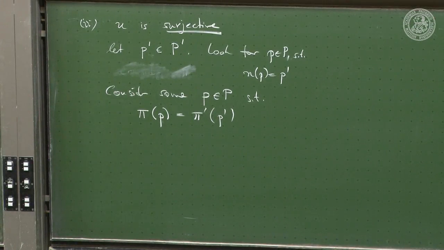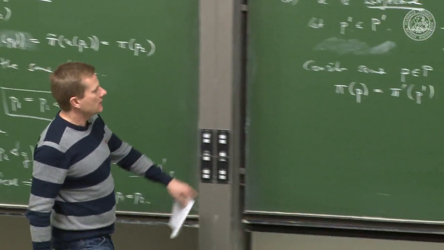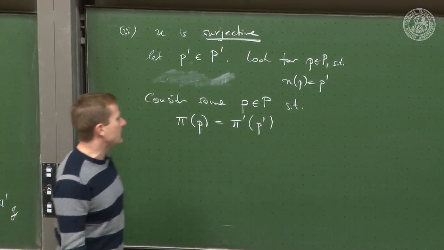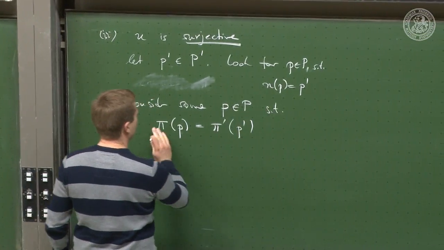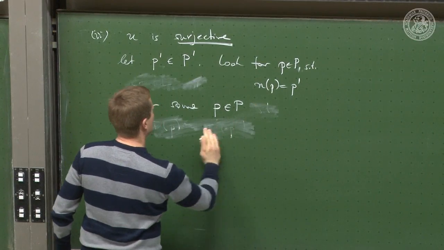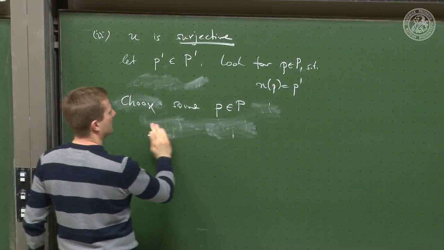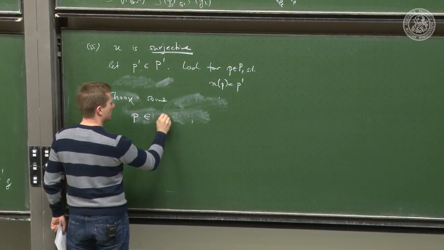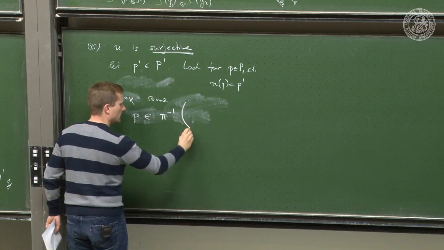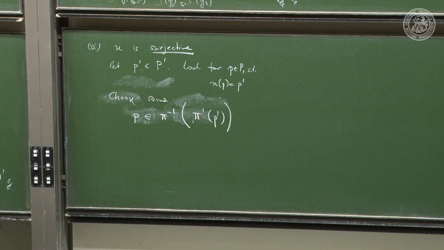Why can I ask about the same base point? Well, because they both map into the same manifold. And I can certainly find a P in the respective fiber. So if you don't like the such that, I could say choose some P in the fiber over that base point.